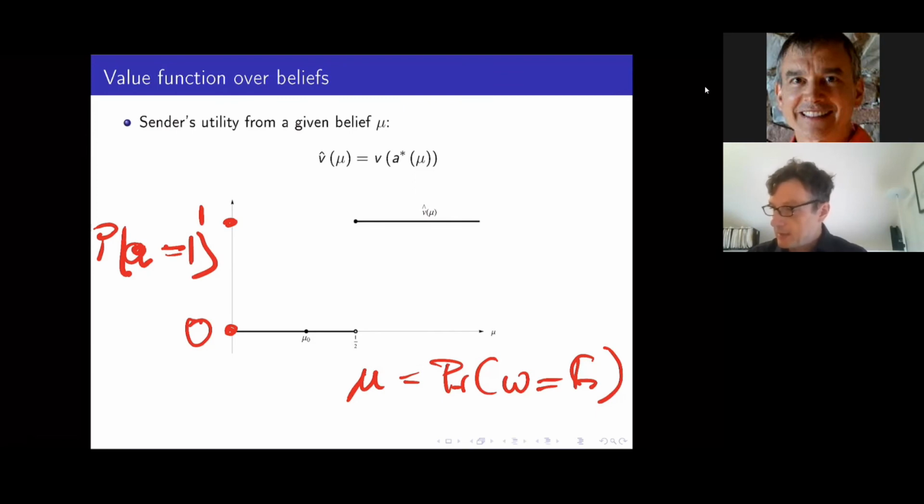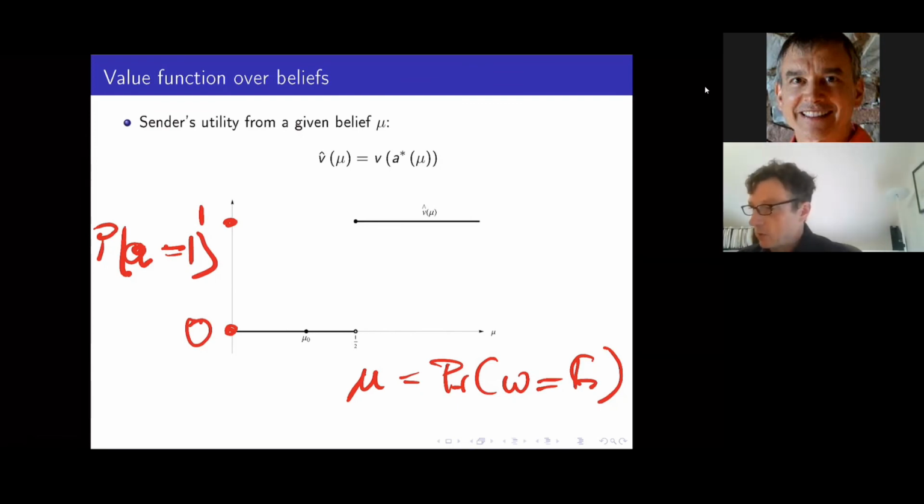Okay, so here's the situation. We know what the optimal decision is of the receiver given his posterior belief mu, okay? Namely, if his posterior belief mu is somewhere between 0 and 1/2, then he thinks it's more likely that the defendant is innocent, and he is therefore going to acquit.